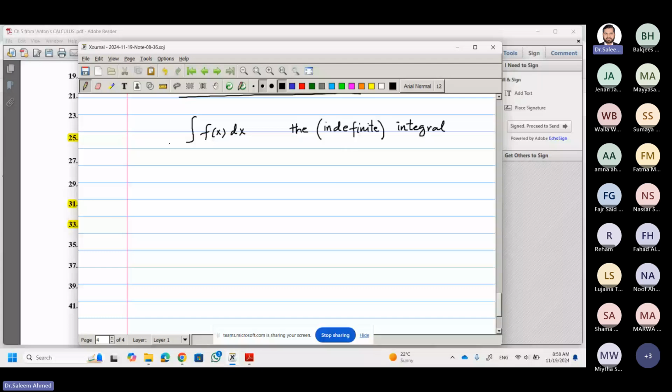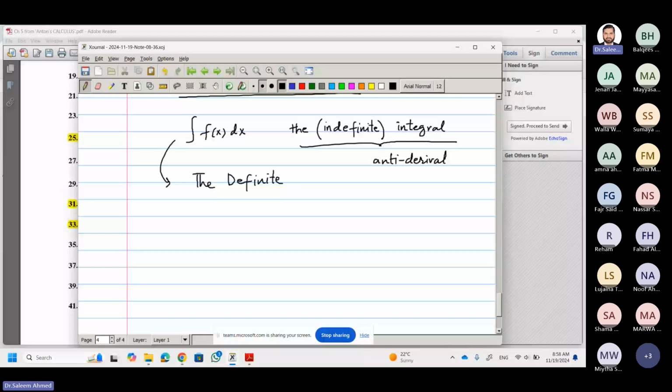Basically, we have another integral which is called the definite integral. That's why this simple integral, the indefinite integral, is just the antiderivative, basically the inverse of the derivative. But the definite integral is not the antiderivative.